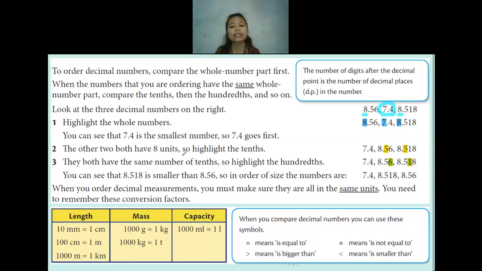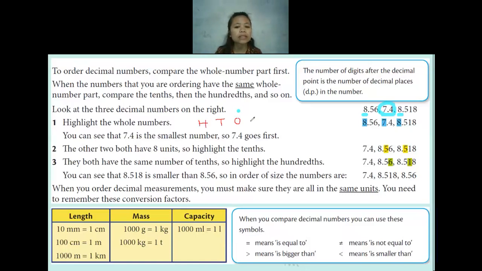After that, we check the numbers where the one's unit is 8: there are 8.56 and 8.518. Here, you can compare the digit in the tenth place. Maybe if we have a decimal, you forget the order of the places. We have the tens, after that the ones, the hundreds, the thousands, and so on.